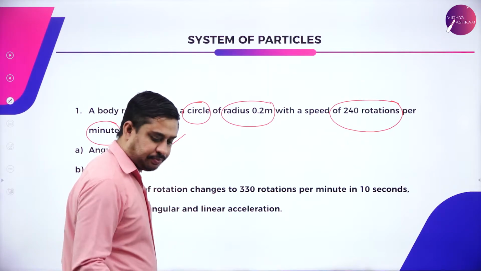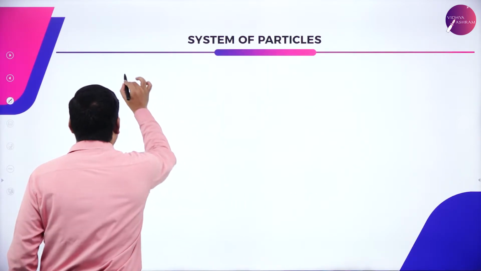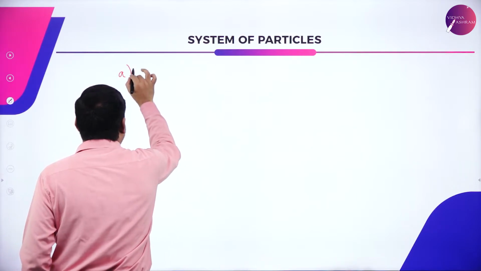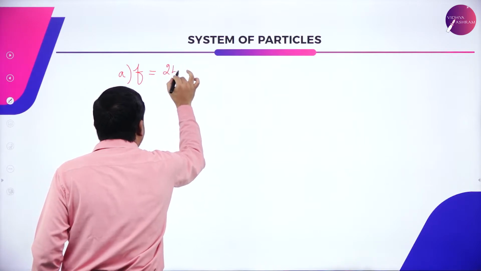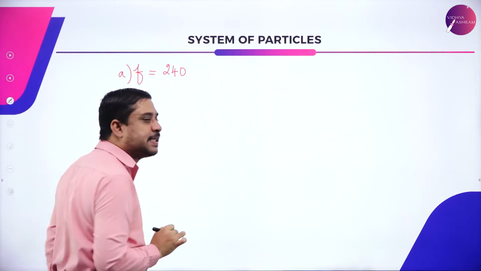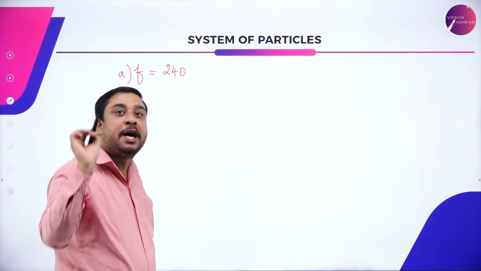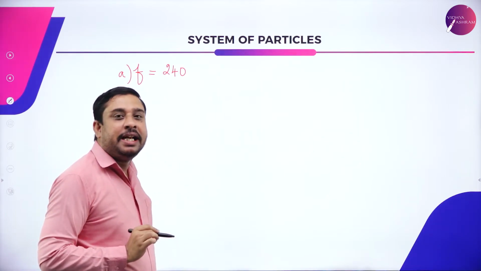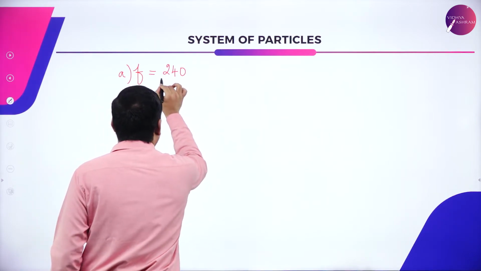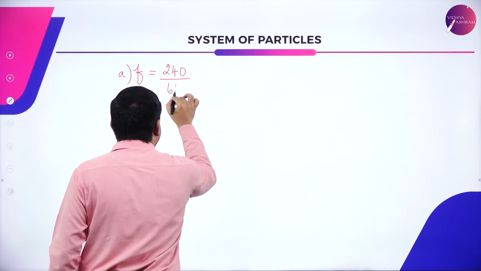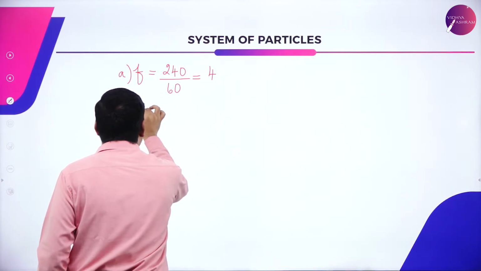Here, if you analyze, the frequency is given as 240 rotations per minute. It is per minute, so I need to convert that to per second. Divided by 60, which is 4.